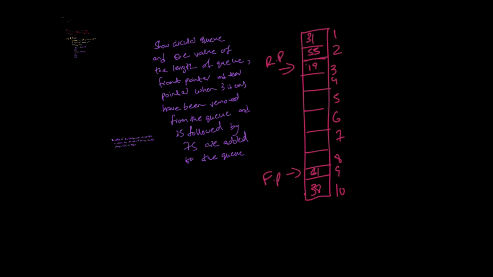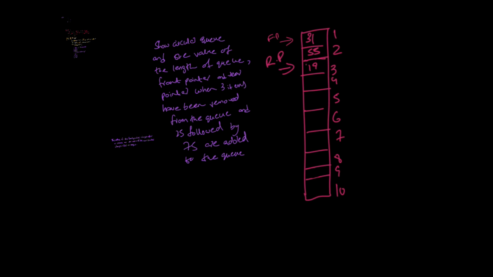First of all, we are dequeuing three items, so three items are being removed. First we'll remove 61, and the front pointer will now point to 38. Now we'll remove the second item, and the front pointer will now point to 31, index position 31.